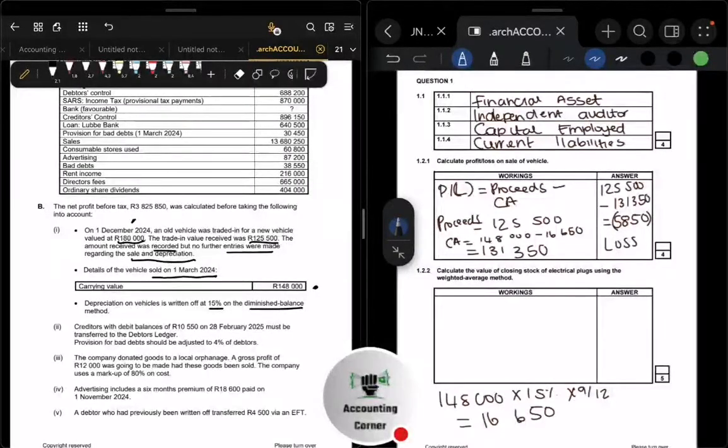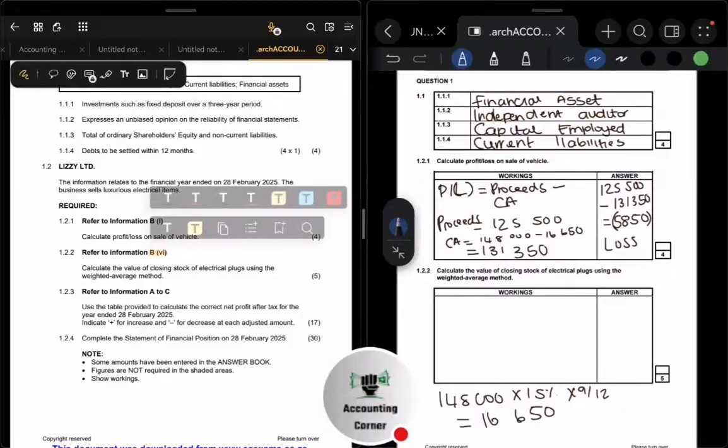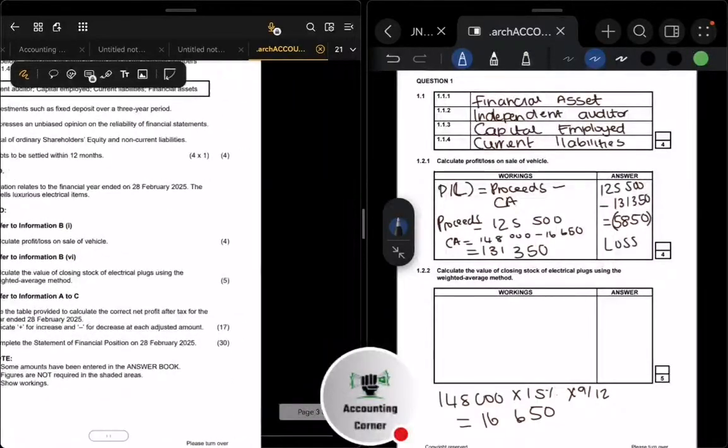The next question says, calculate the value of closing stock of electrical plugs using the weighted average method. Okay, so let's see, what were we given? Which information are we supposed to be looking at? Okay, information B6.